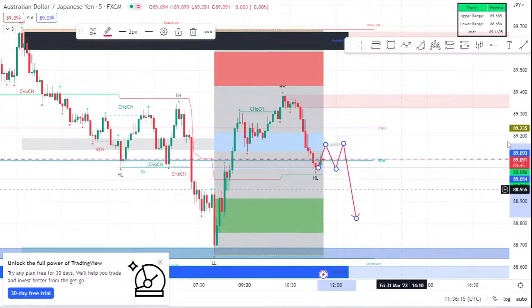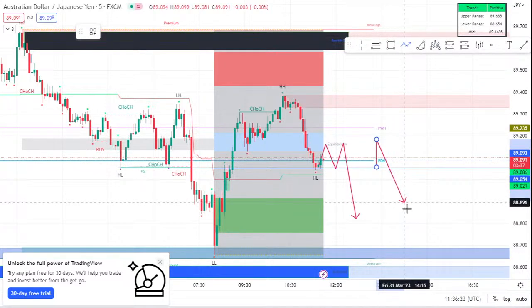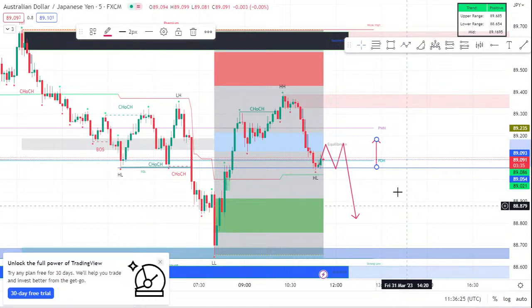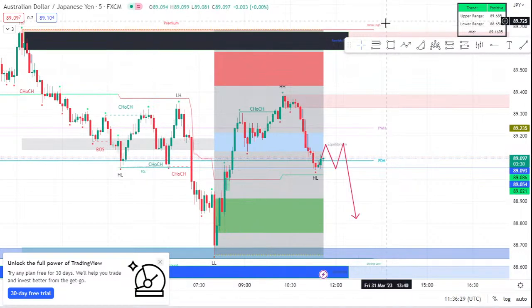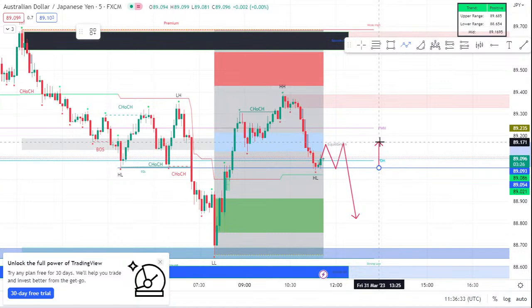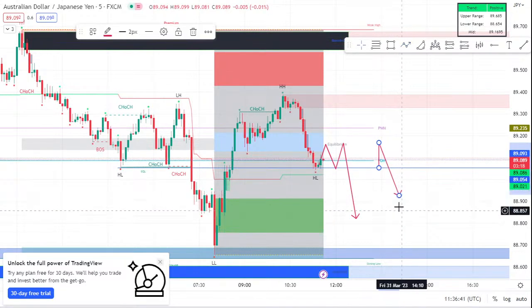Or at times it just comes down, bounces, comes to this zone, and it just passes through to this. Whoa, this one was poorly drawn. It just comes to this zone, so it comes this way.